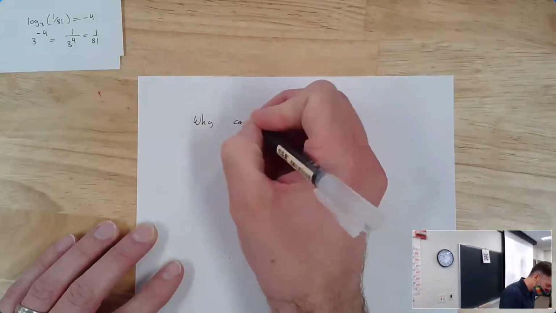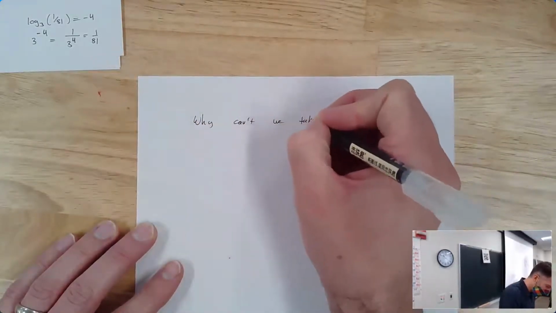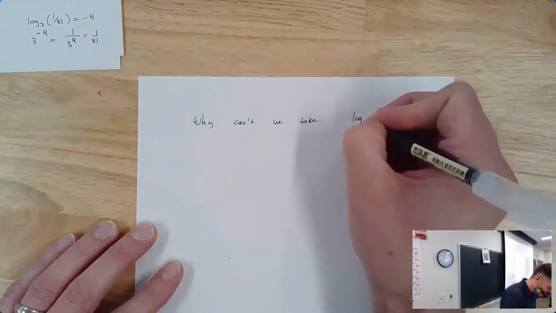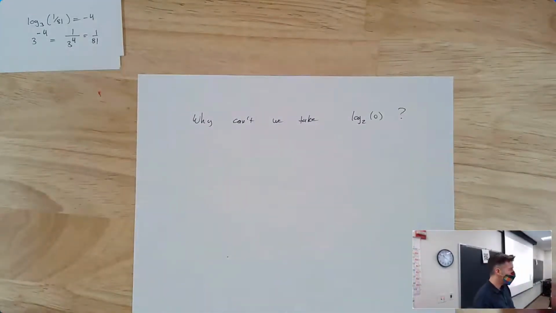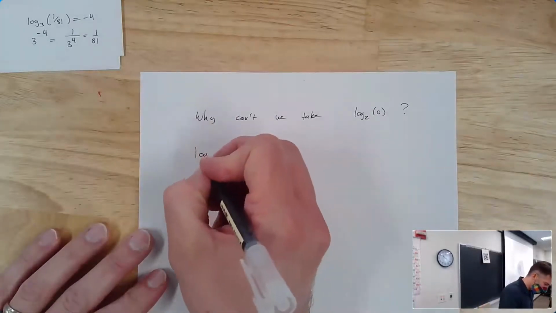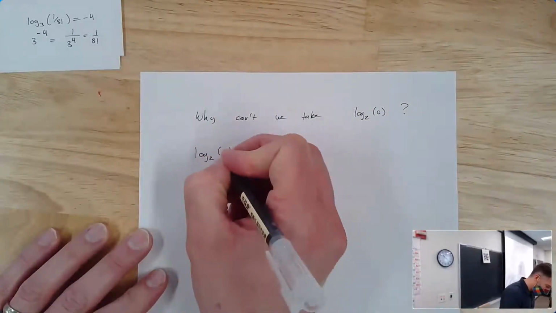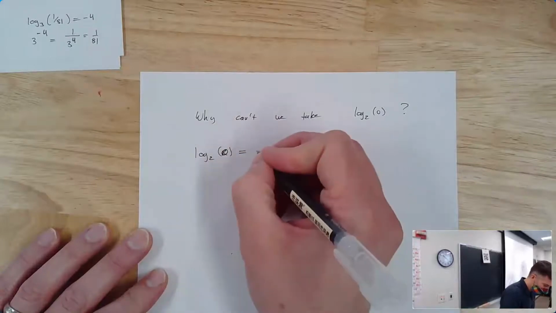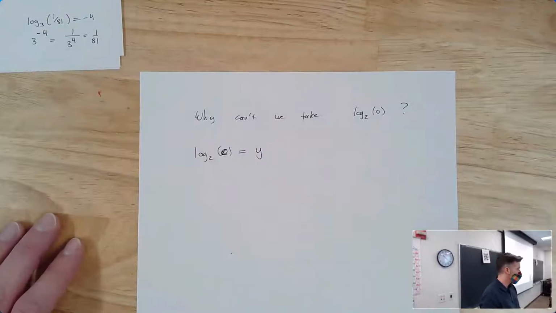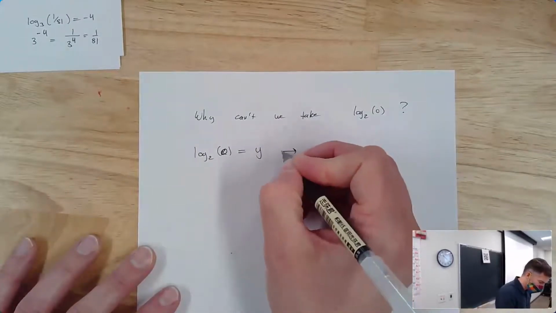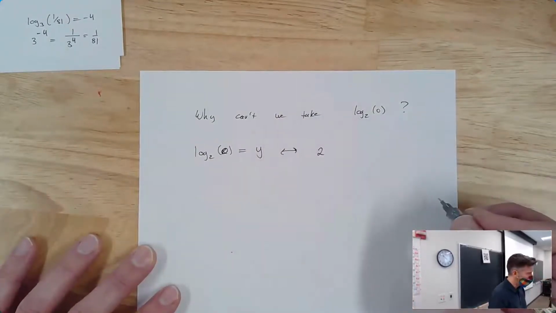Why can't we take log base 2 of 0? Well, let's try it. How do we usually deal with a logarithm? We set it equal to a variable like y or x. Okay, I'm going to rewrite this. What's my base? What's my power?